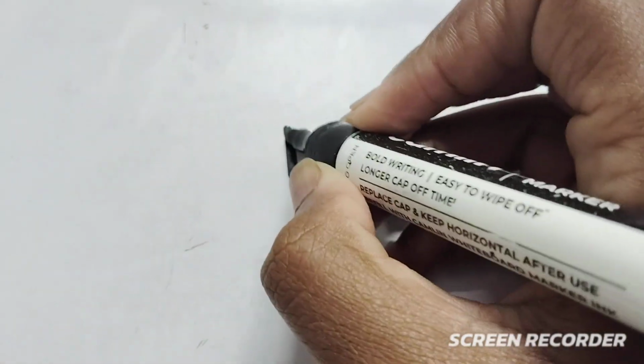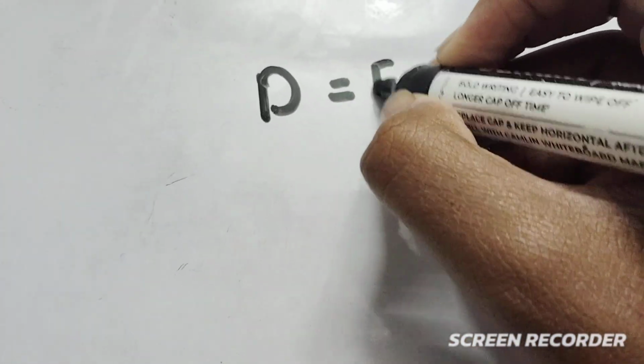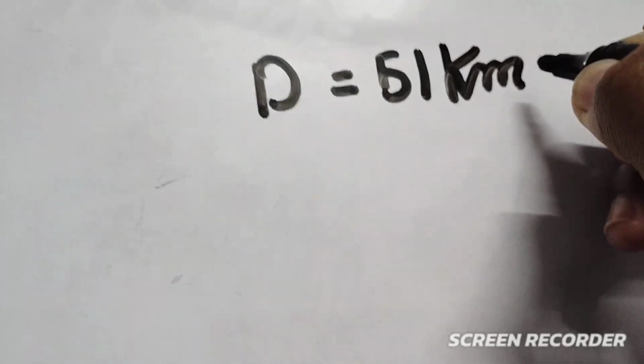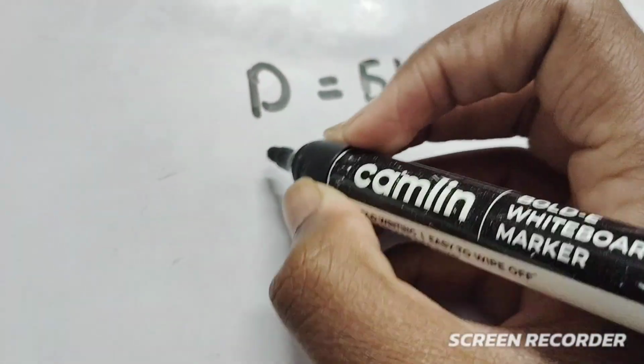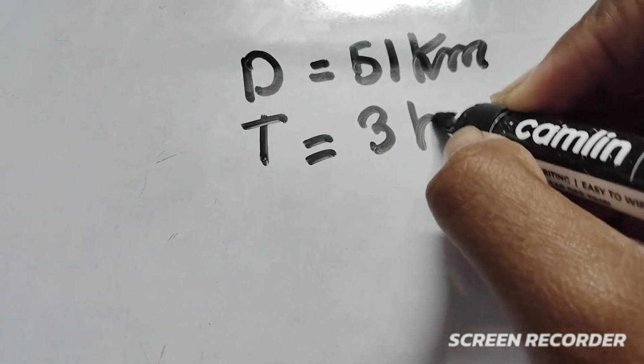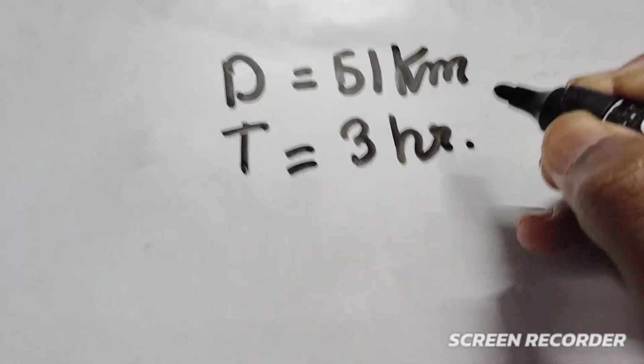So we have to write from this: d equals 51 kilometer, meaning distance, and time equals 3 hour, and we have to find its speed.